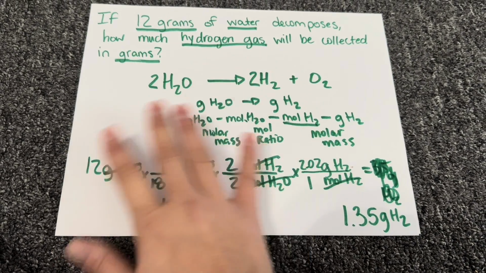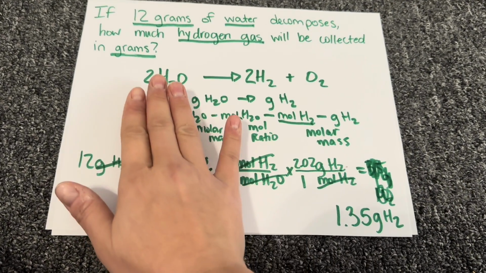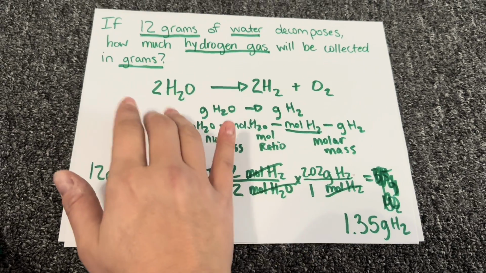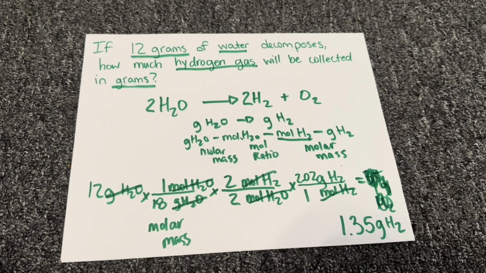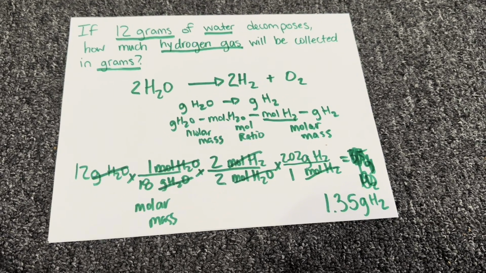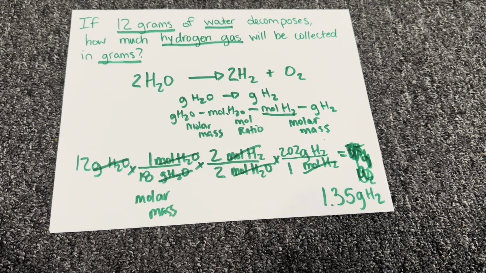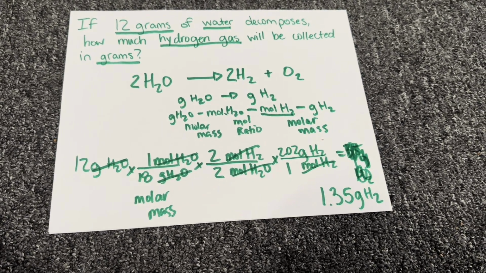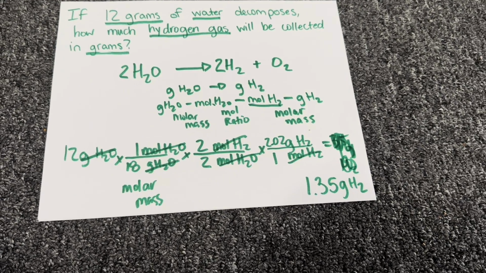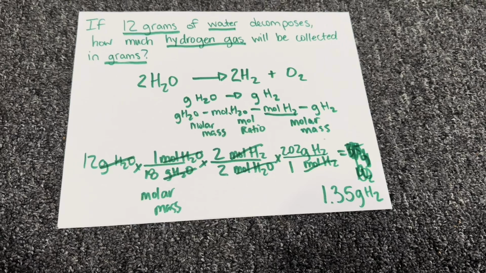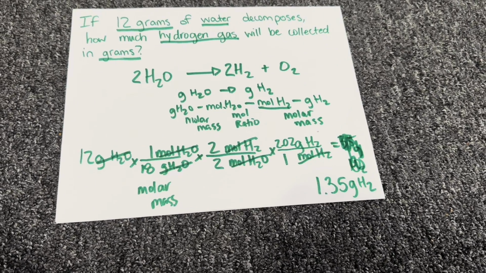It's easy to see for this problem because we only had one source of mass at the beginning. It won't always be that clear for reactions that have lots of different pieces. But for this one, hydrogen is really small. The weight of it is really small compared to the weight of water. So we would expect our answer to be a lot smaller than 12.